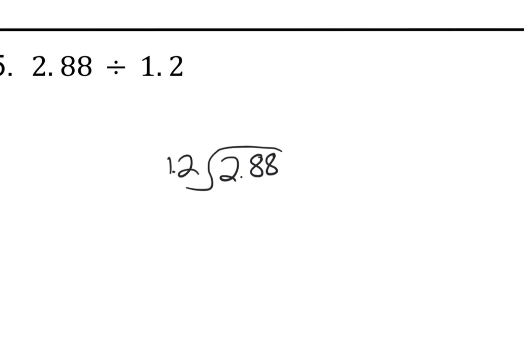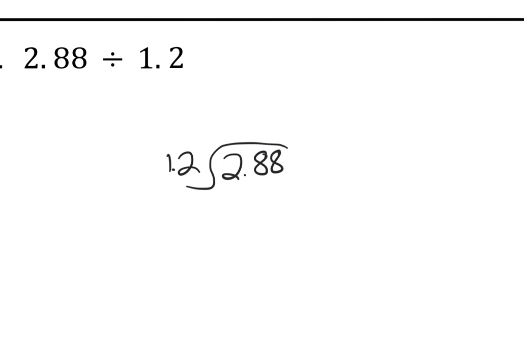Again, this says we're going to divide 28.8 into 1.2 groups. Problem with this problem is I have a decimal in my divisor, and we can't have that. I need to multiply my divisor by 10 and my dividend by 10. That will move the decimal 1 place to give me 12 divided into 288.